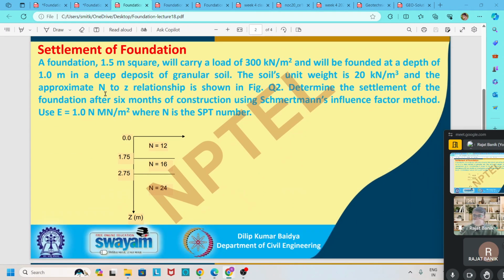They have given that at different depths the soil properties change based on the SPT number, and from the ground surface we see that three layers are given. The layers are divided at some specific points.